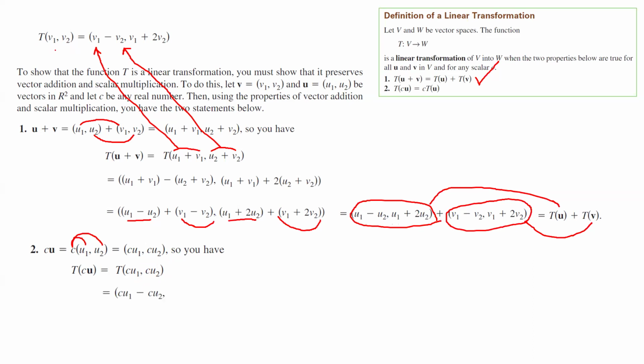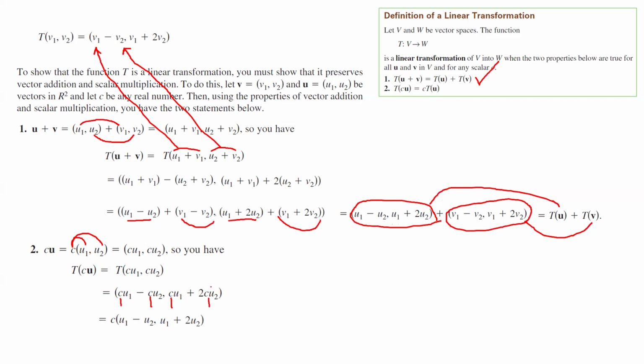This becomes (cu1 minus cu2, cu1 plus 2cu2). Well, this can be written as c times (u1 minus u2, u1 plus 2u2). Why is that? Because there is a common factor everywhere. I see it here, here, here, and here, and there is no multiplication between these two terms, or between these two terms.